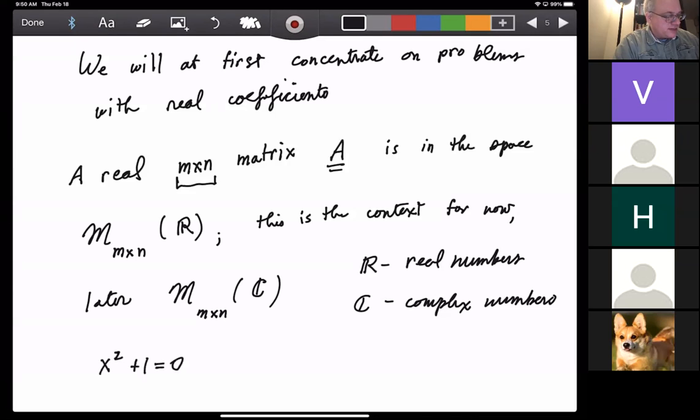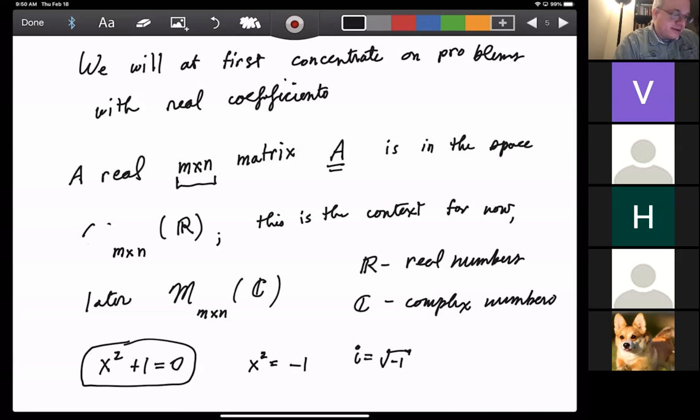So if you wanted to solve this equation algebraically, you would need a number whose square is -1. And if you think about it, when you square a positive number, you get a positive. If you square 0, you get 0. If you square a negative number, you get a positive number. So there can be no real number solutions to this equation, x squared plus 1 equals 0. Sometimes we really do want to solve this. We have to make sense of what a solution of this means. So we introduce a number i called the imaginary unit, which is the square root of -1, whatever that is.